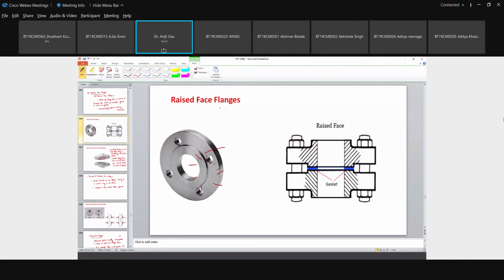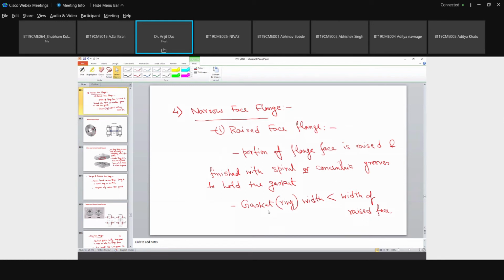To increase the friction between the surface of the flange and the gasket material, very micro level concentric circles or grooves are fabricated. Then the gasket width is less than the width of the raised face.